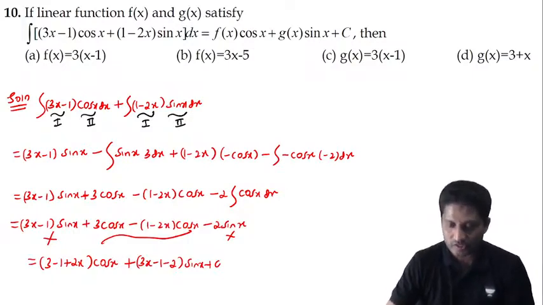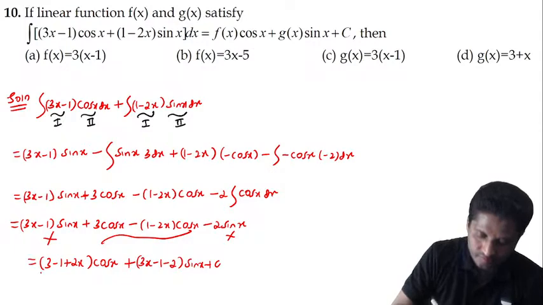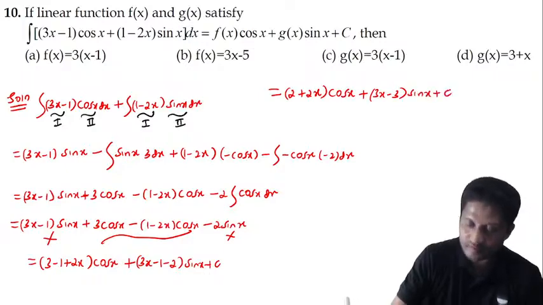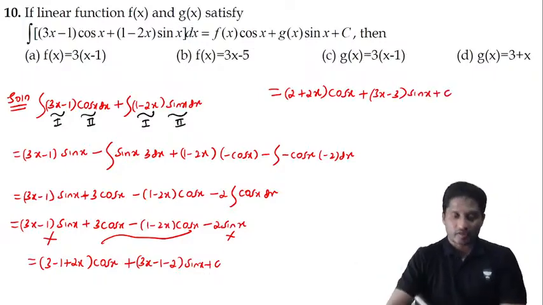Right, he's asking what is g of x. Now I can write this as 2 plus 2x into cos x plus 3x minus 3 into sin x plus c. Right, this is what we got.